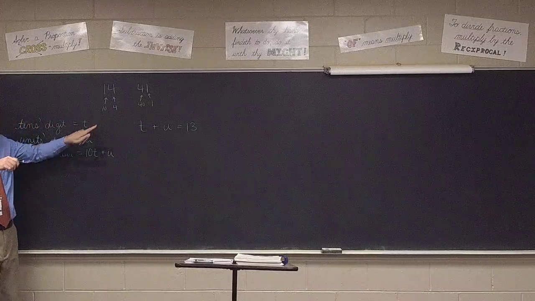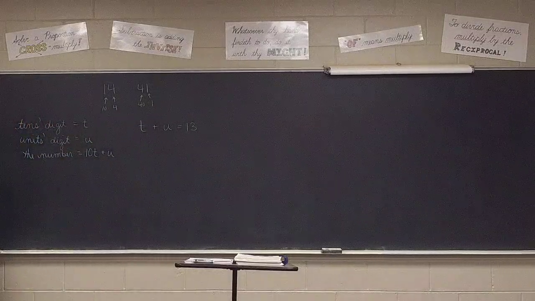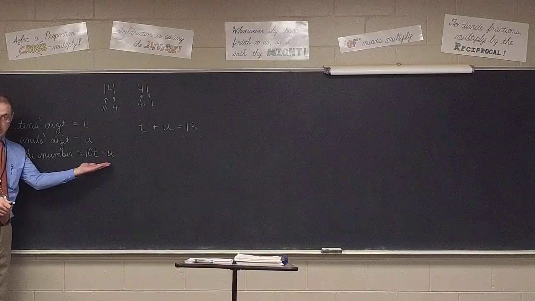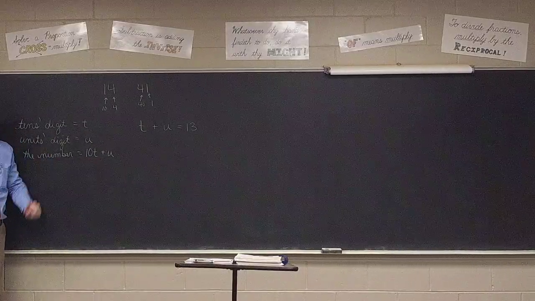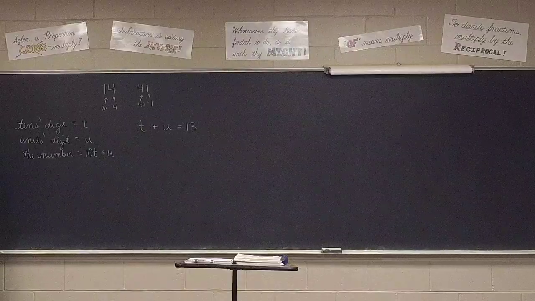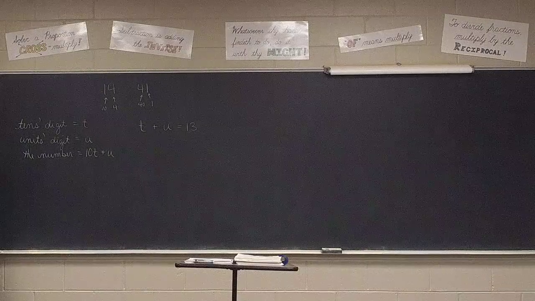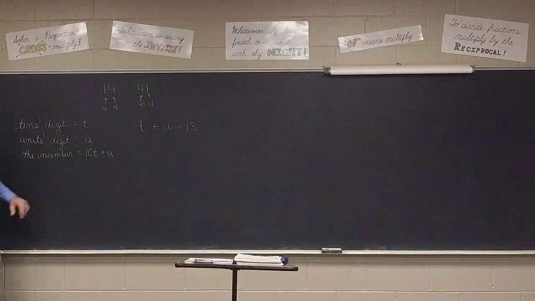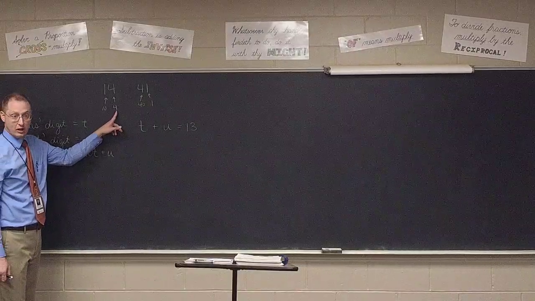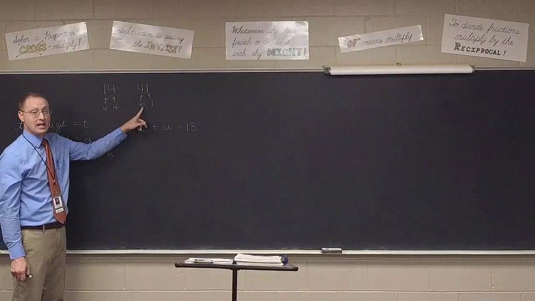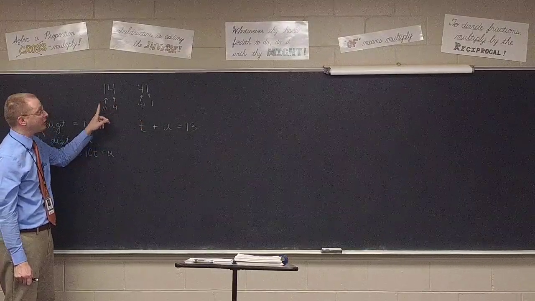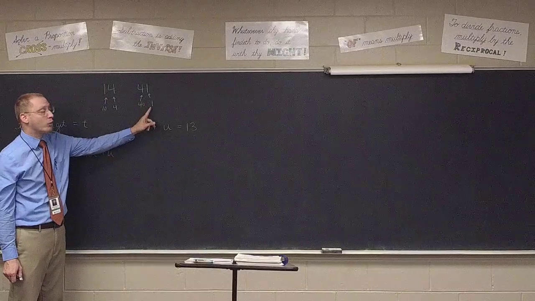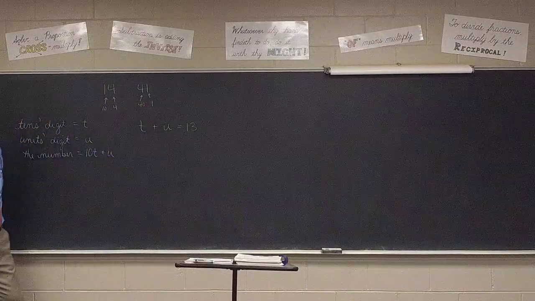So, how do you suppose we could write a number, 10t plus u, in reverse? Realizing that that which had a value of itself would now have a value of 10 times itself, and that which had a value of 10 times itself would now only have a value equal unto itself.